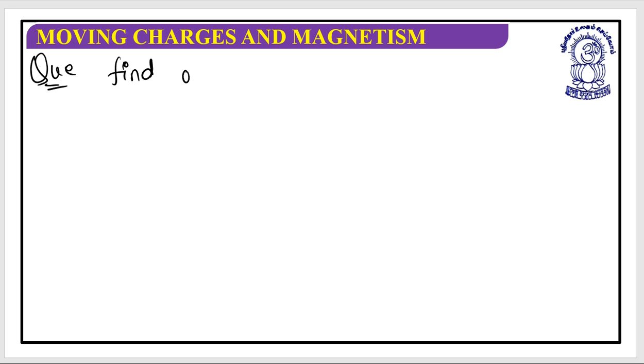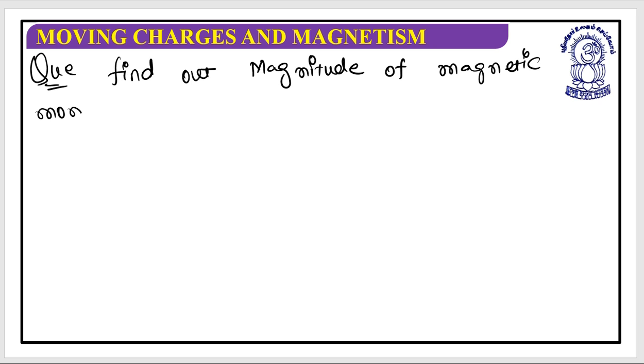Find out the magnitude of magnetic moment. So what you have is two coils. One is like this and another is like this.